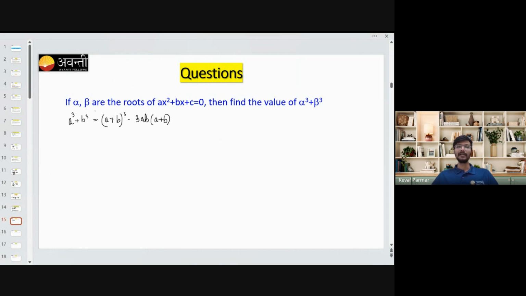So by using this, I can solve this question. What does the question say, guys? The question says alpha and beta are roots of the equation. Then I told you, whenever a quadratic equation is given, I already have two relations.